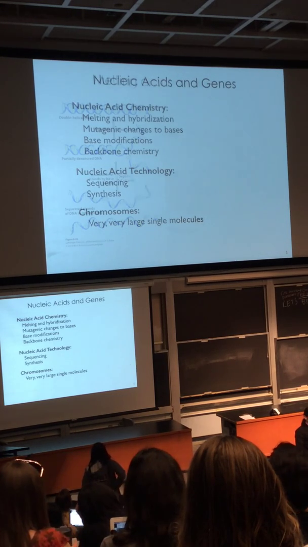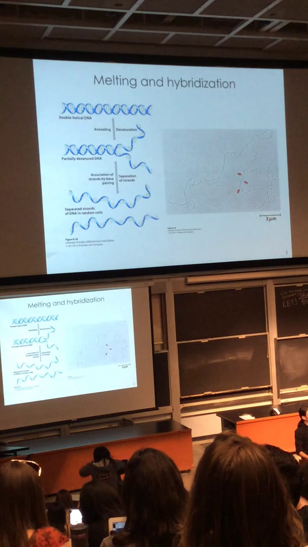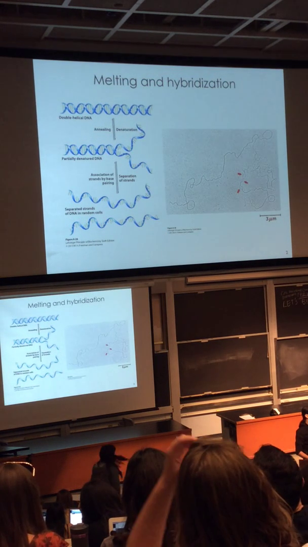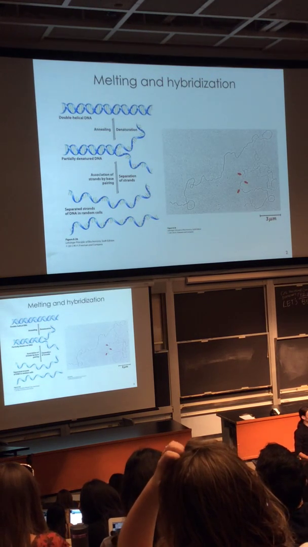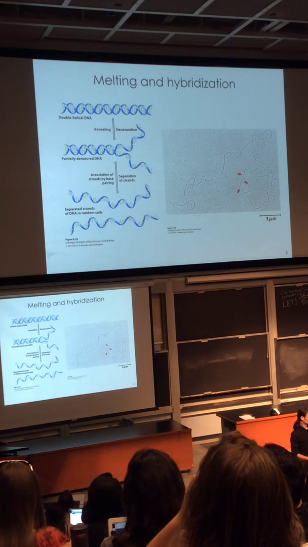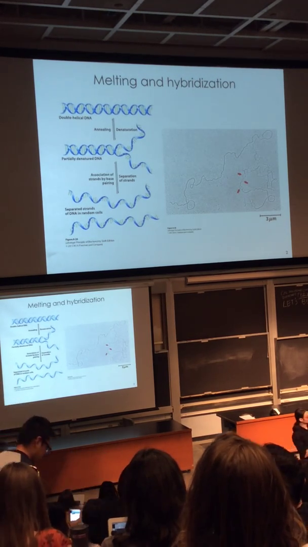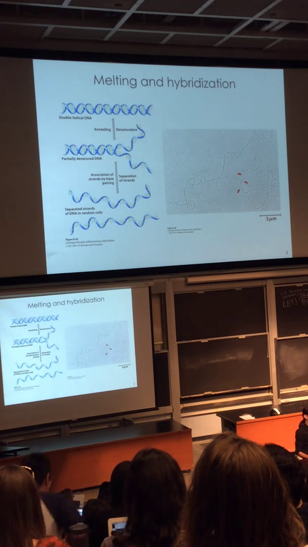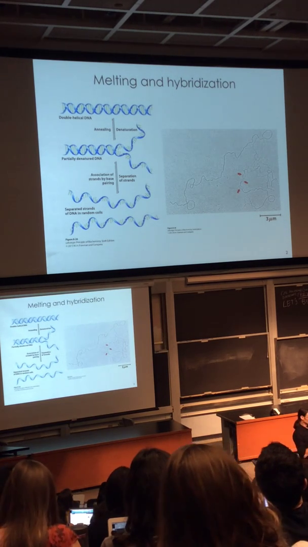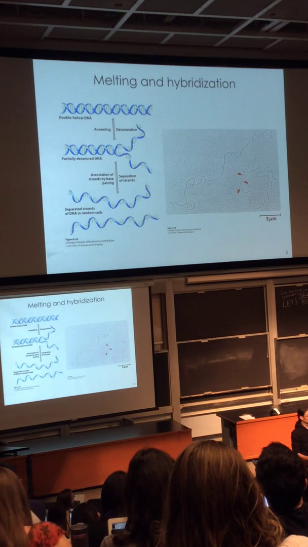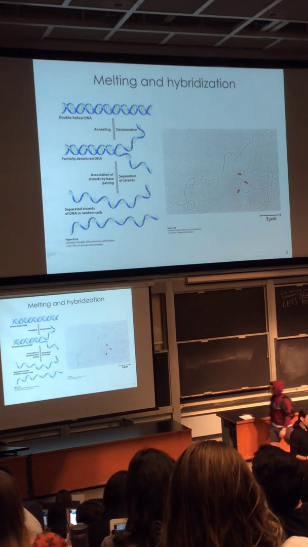But the first thing I'd like to talk about is this idea of melting and hybridization. Because DNA is a double helix, and RNA can form a double helix as well, it has a perfectly complementary strand. But as you heat up nucleic acids, they can start to separate.